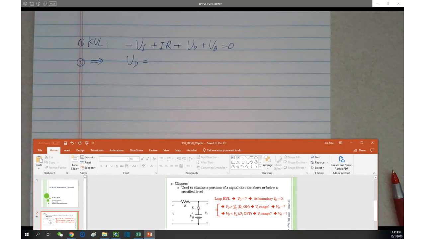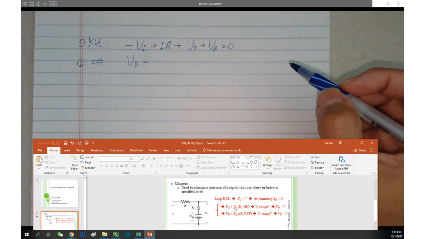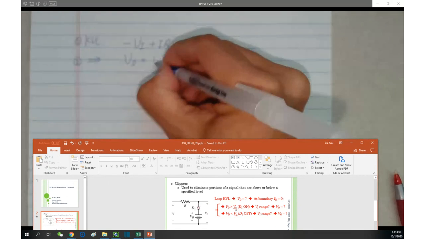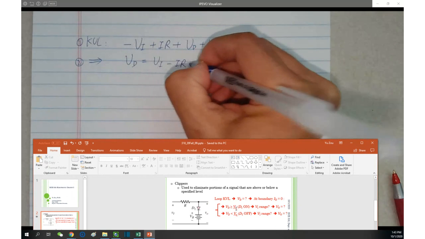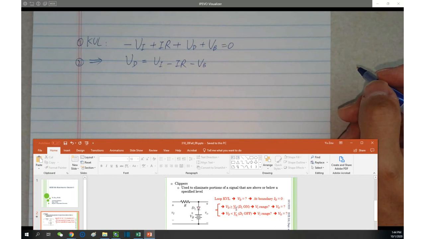We are not deriving V naught yet. V naught is the last step. Now we are deriving VD, based on which we can tell the diode on or off. So VD equals what? From this equation it's very easy: VD equals VI minus IR minus VB. Very straightforward.